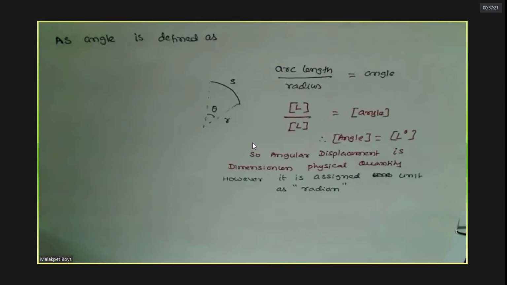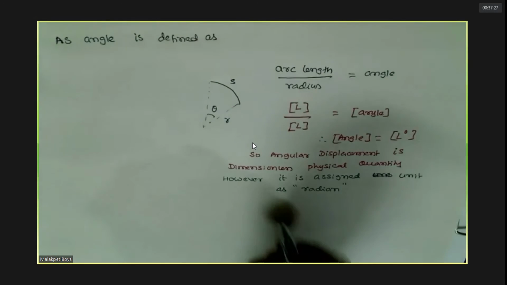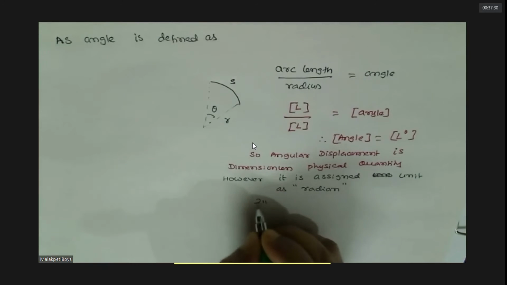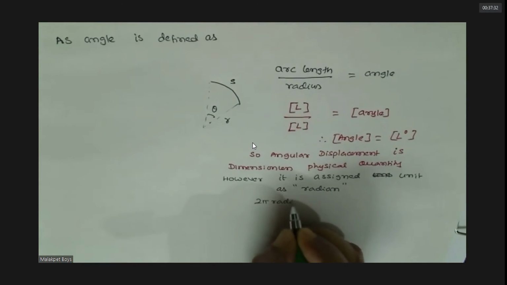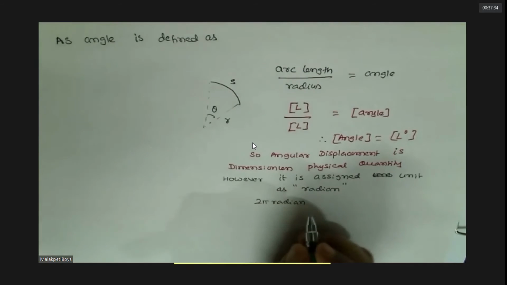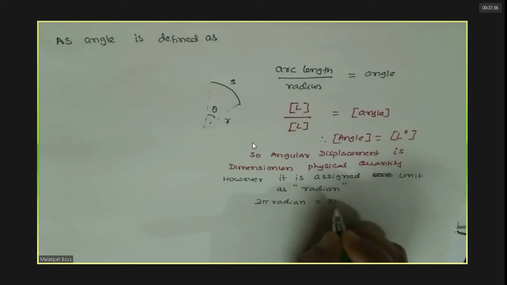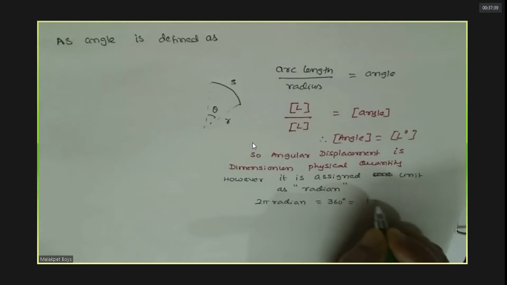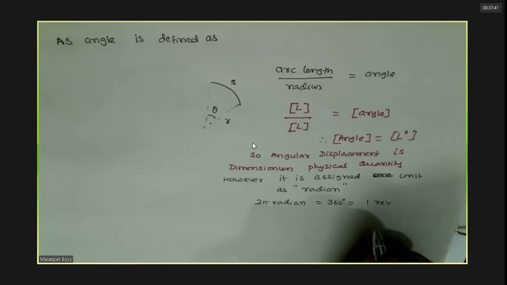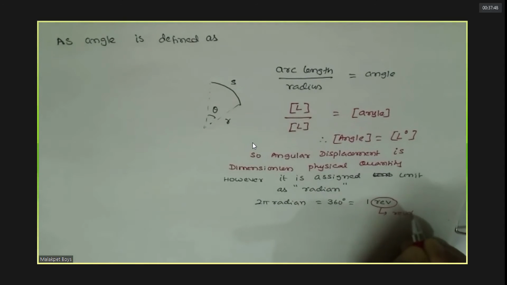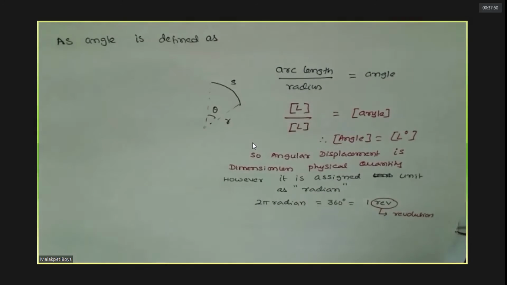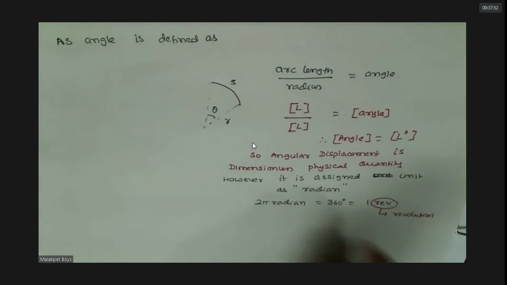Radian. Understood this? Clear? Some other thing is 2 pi radian is 360 degrees. This is also described as 1 revolution. Remember in 1 revolution what is the angle turned? 360.